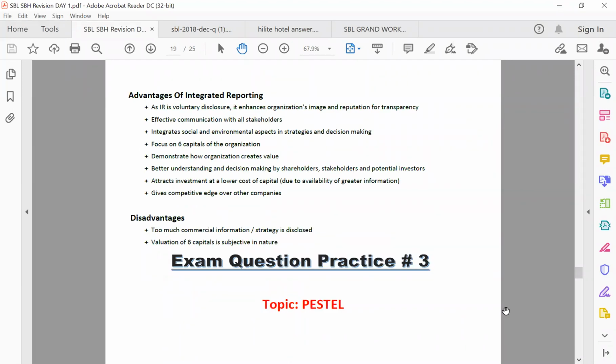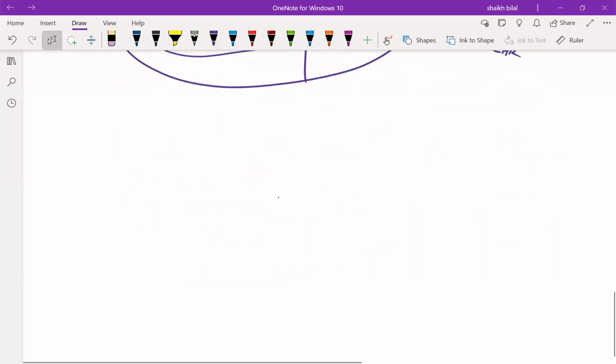Now, what are the advantages of integrated reporting? See, I am making a chart over here. You may also copy it. There are two different types of report.